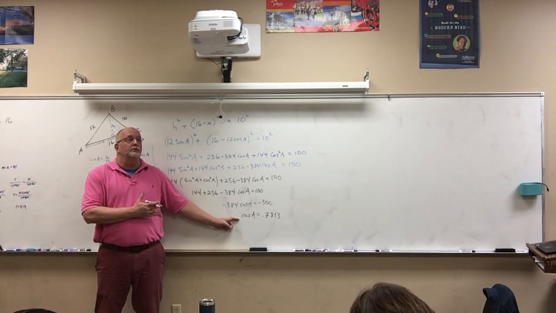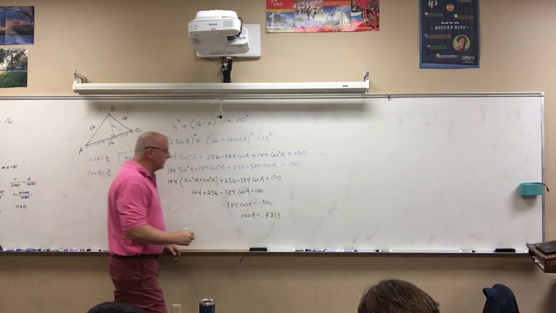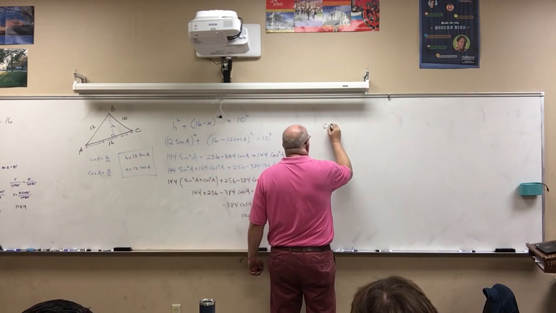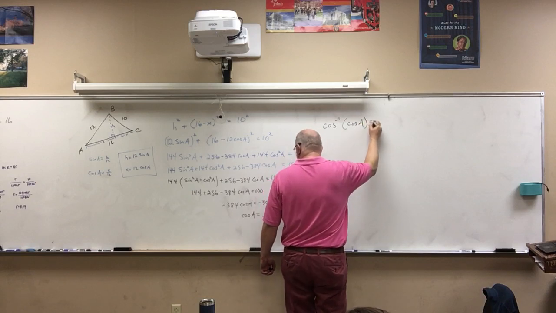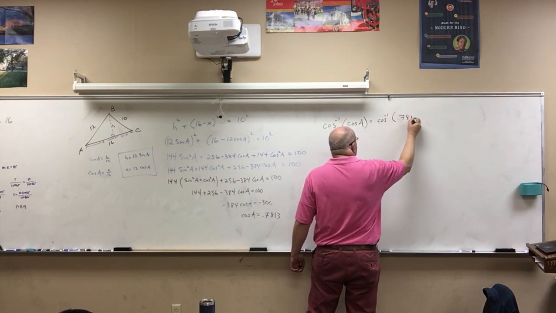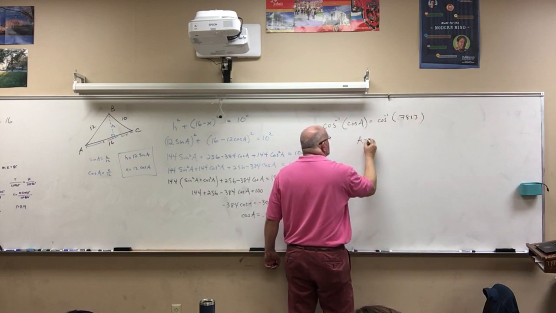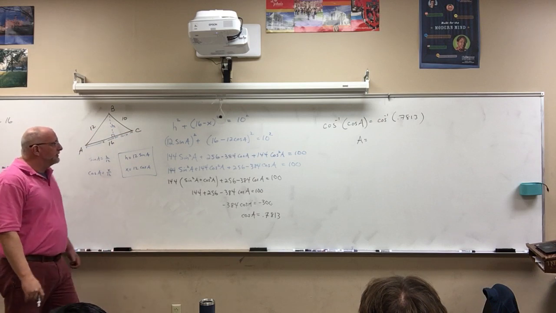How do I solve for A? Arc cosine of both sides. Excellent. We can leave it in degrees.